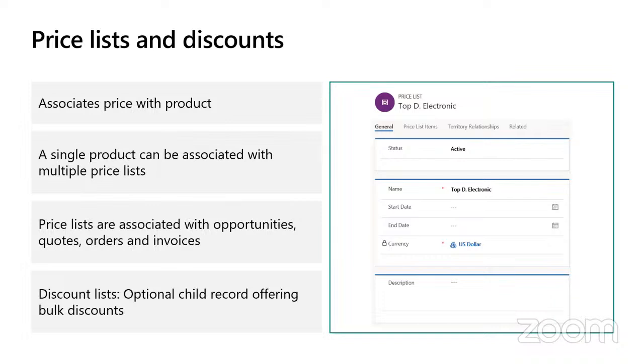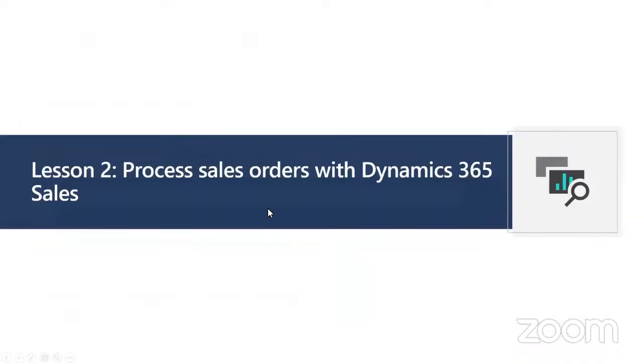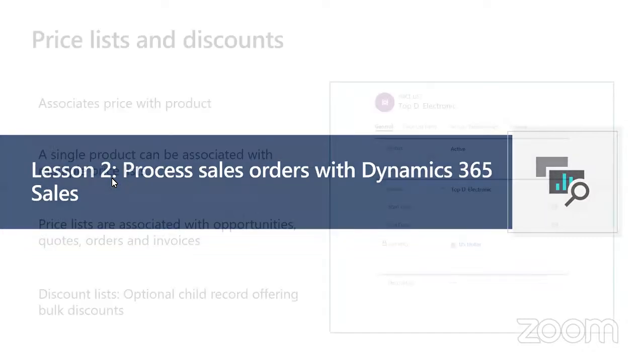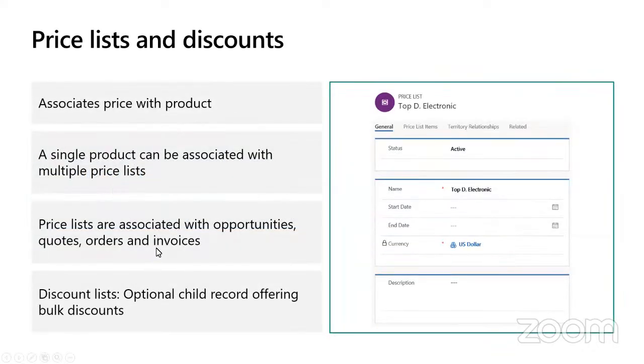And within that price list, you can also associate things like opportunities, quotes, orders, and invoices. I don't know, just to throw a quick question out there. Does anyone understand the concept of opportunities?